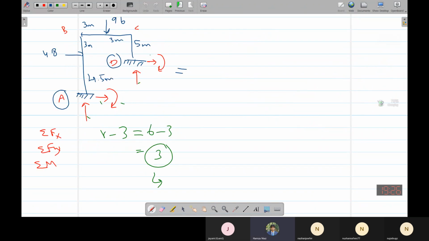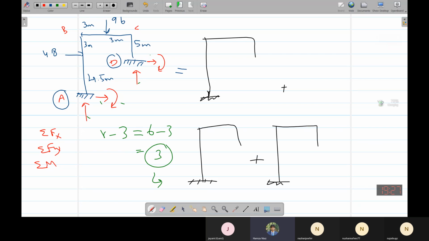In our frame case, we'll do something like this. This is our primary structure. Again, I have resolved it into a cantilever, only one fixed support, plus 3 redundant structures, 1, 2, and 3.